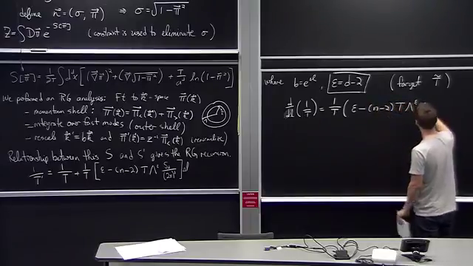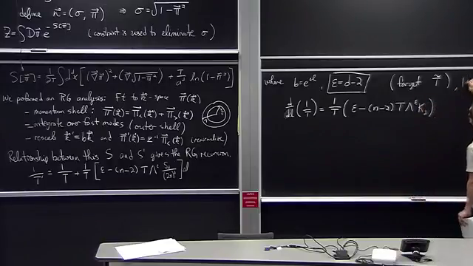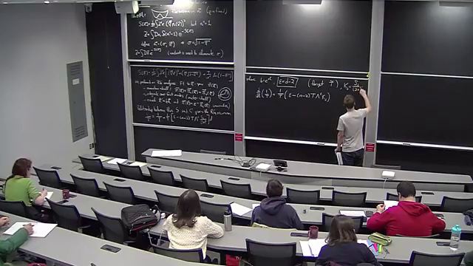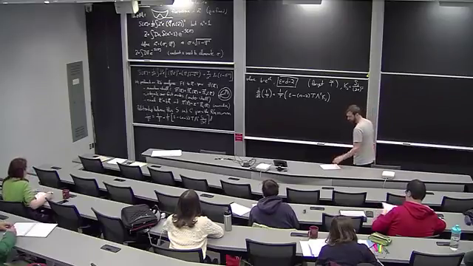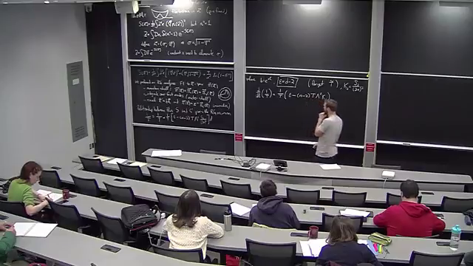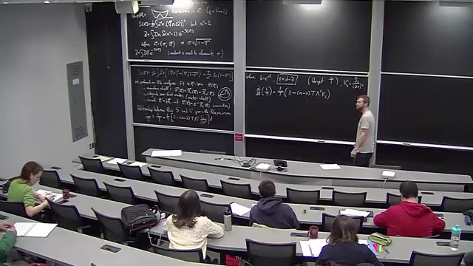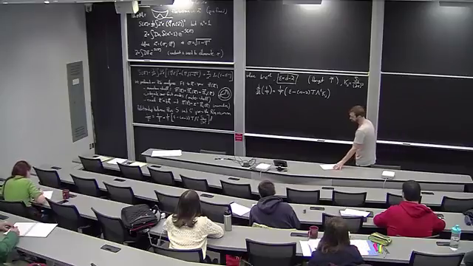And let me use k, which is just getting rid of that 2 pi. It's quasi-standard notation. Okay, this should define the non-trivial fixed point.